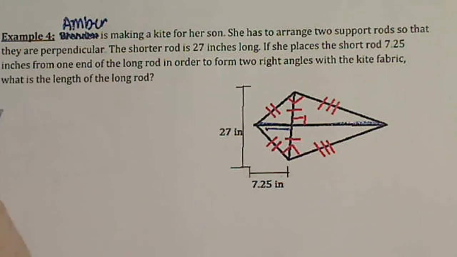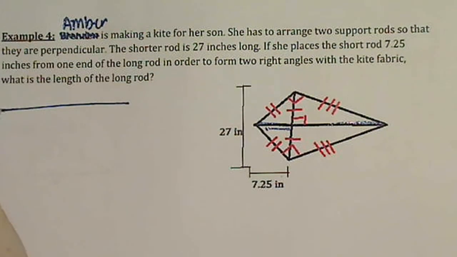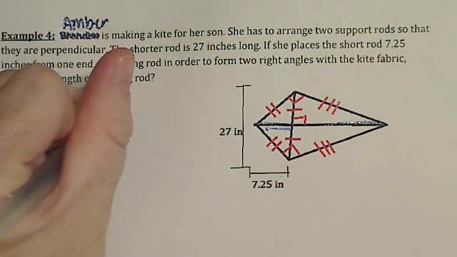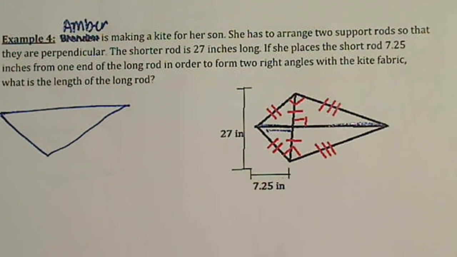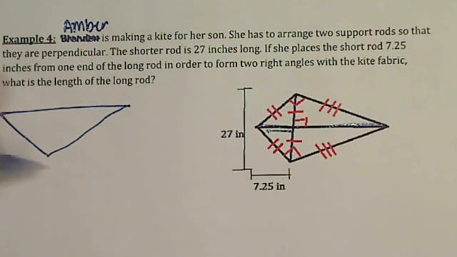So what I see is I see a triangle. And I see a problem very similar to the one that we just had, where we know the altitude and we know a piece of the leg. So if I take this piece right here, 7.25, that goes right here.